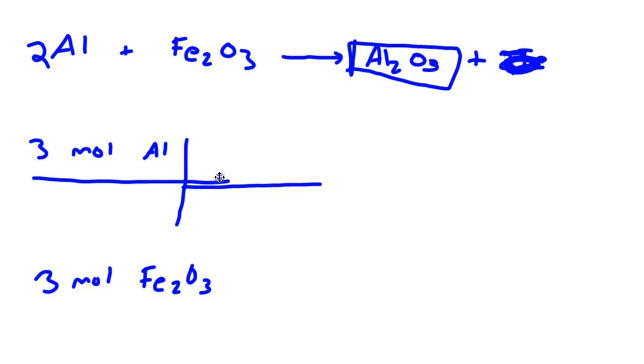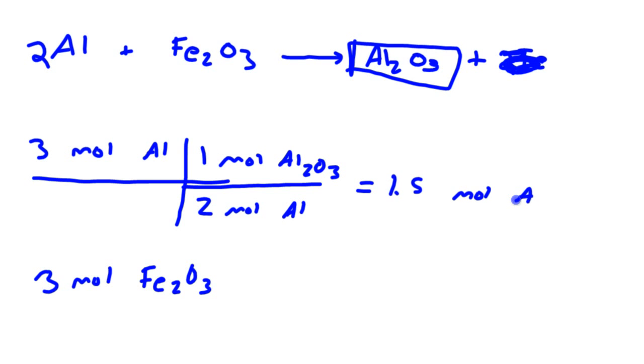So I'm going to find a ratio between my starting information, my aluminum, and the product that I chose, Al2O3. So that's 2 moles of aluminum for every 1 mole of aluminum oxide. So I'm going to solve 3 times 1 divided by 2 gives me 1.5 moles of aluminum oxide. I'm going to solve my second conversion.